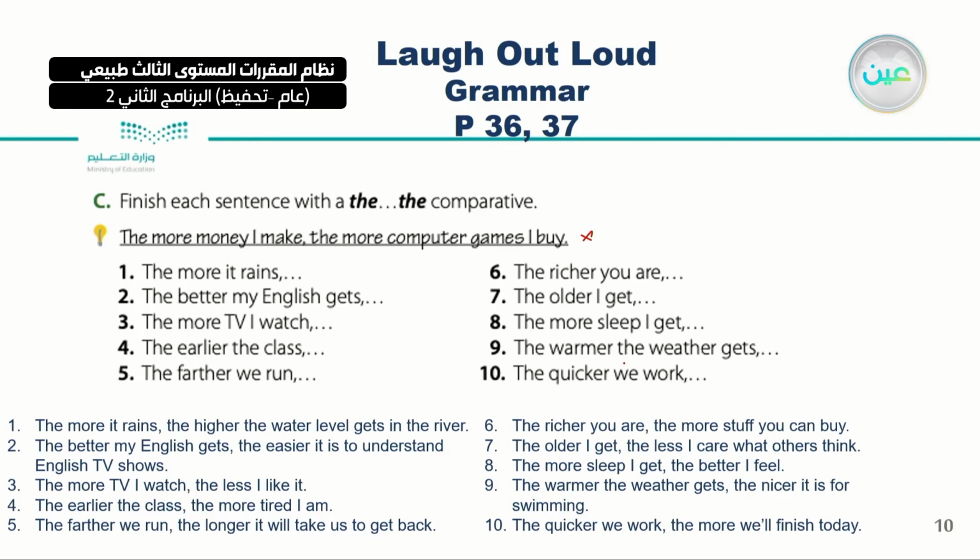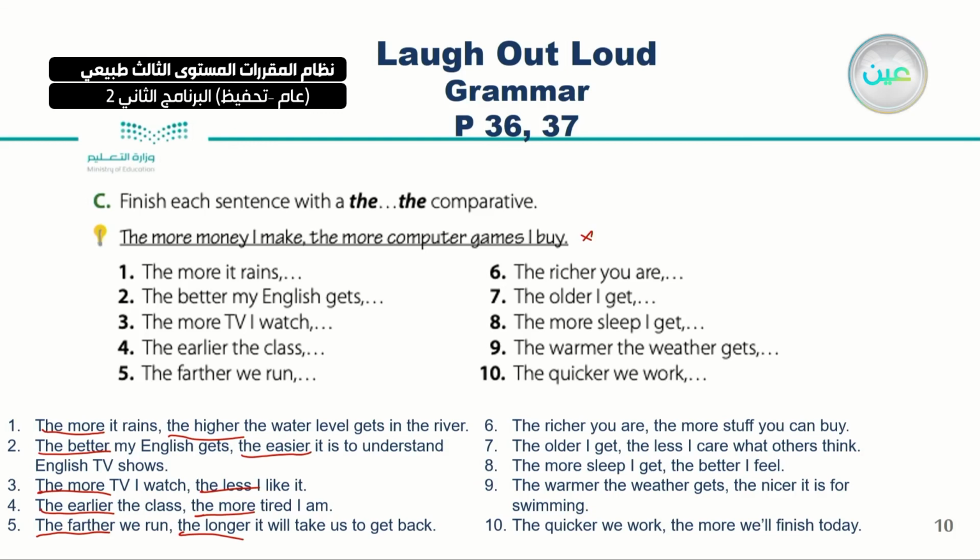So here, as you can see, the more, the higher, the better, the easier, the less, the earlier, the farther, the longer. We have "the" and the comparative as we did in this lesson.